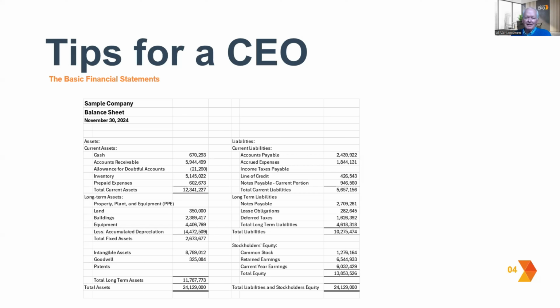Another area that can be critical to understanding a business is if there's any other long-term assets other than fixed assets. You'll notice here on this balance sheet, there are intangible assets. In fact, the intangible assets have a higher value than the fixed assets.